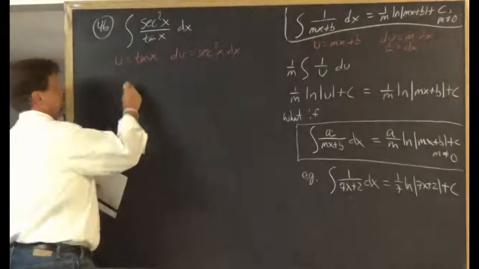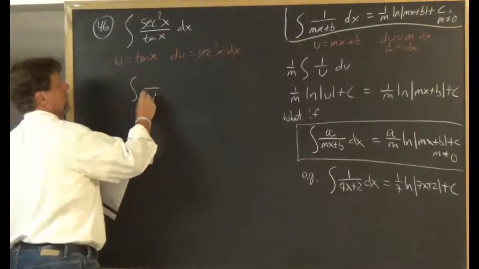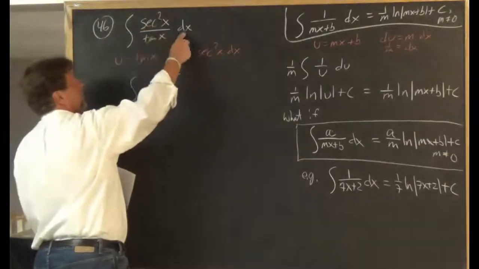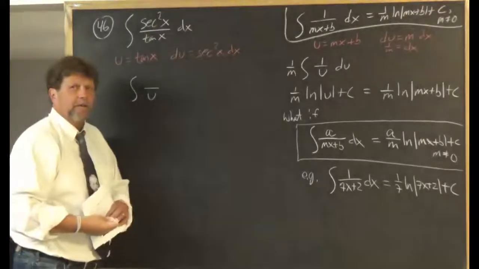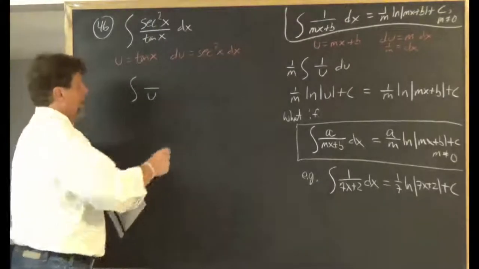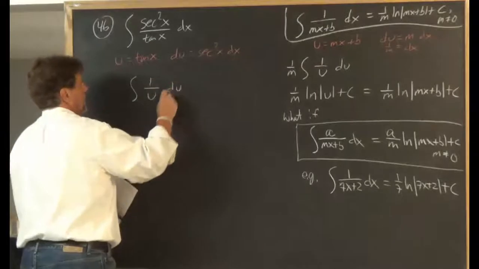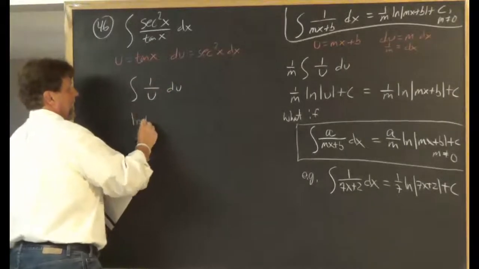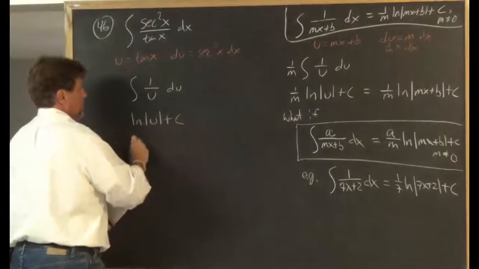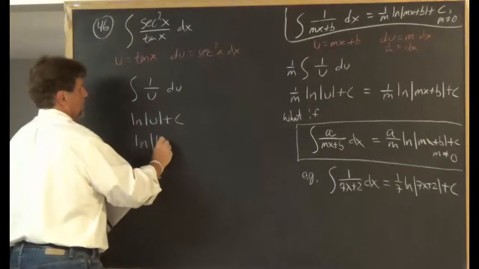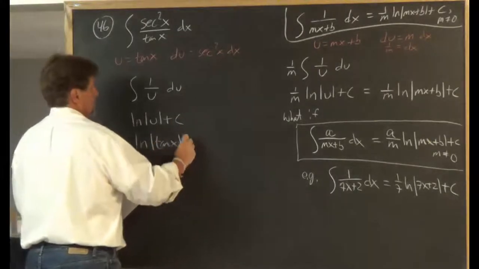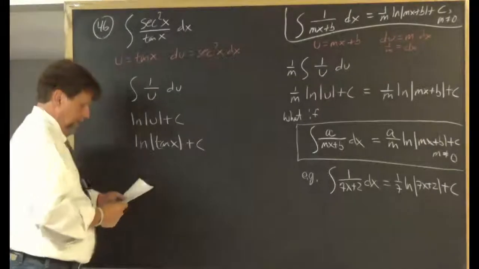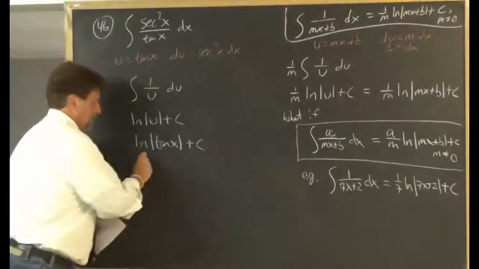And so when I substitute in, my denominator's u, and secant squared x dx is exactly equal to du. I mean, that rarely happens. Very friendly antiderivative. Resubstitute, and we are done. Hopefully you got this.